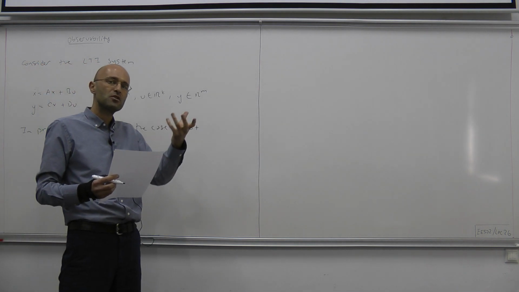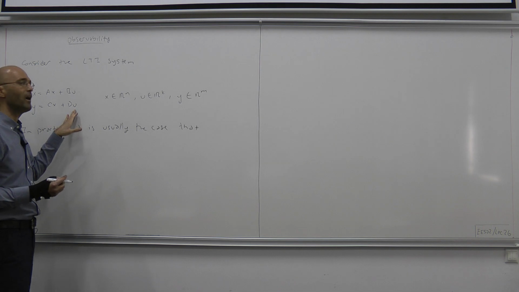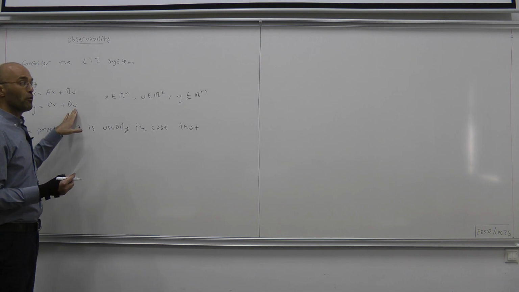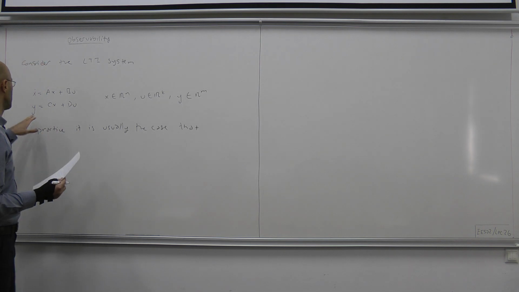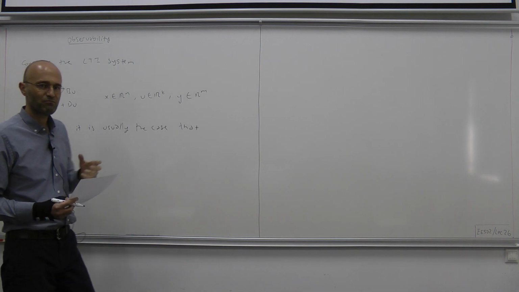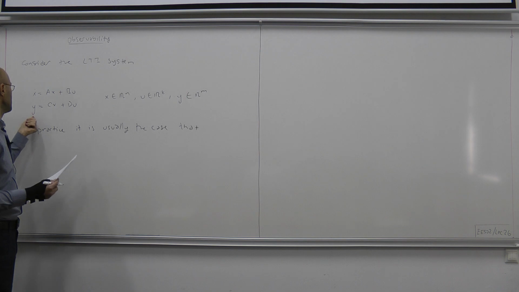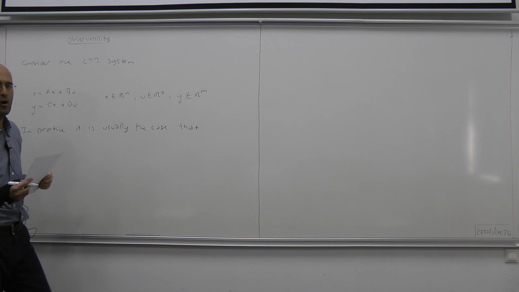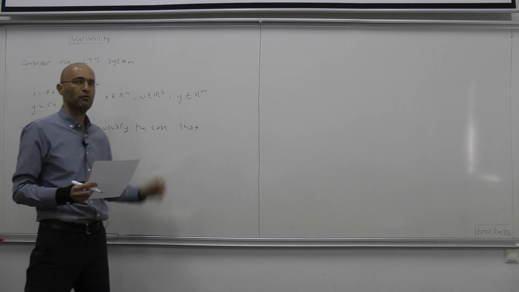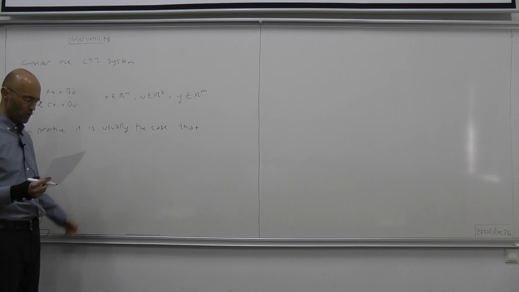It's us who is determining what to apply to the system. Therefore, u of t is known, and from our sensors we collect some information which we call measurement, represented by y of t. So the pair y of t and u of t is known.